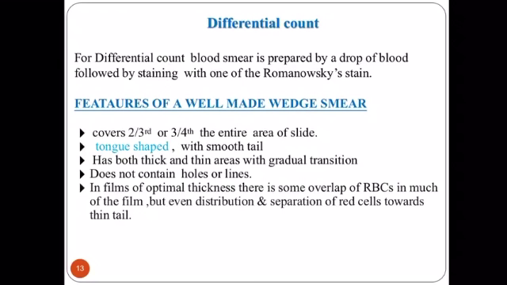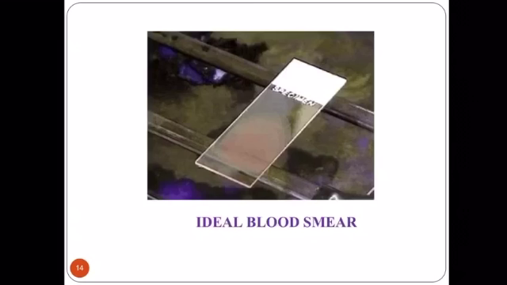In films of optimal thickness, there is some overlap of the RBCs in much of the film, but even distribution and separation of the red cells towards the tail. In the slide, we can see this is the ideal blood smear, tongue-shaped, covering two-thirds or three-fourths of the slide.